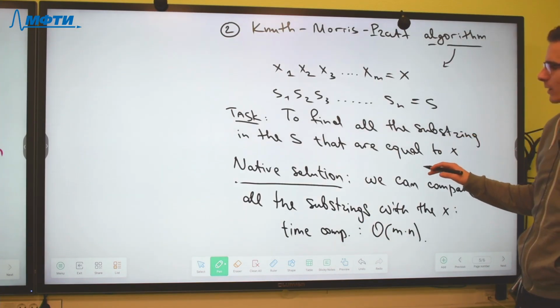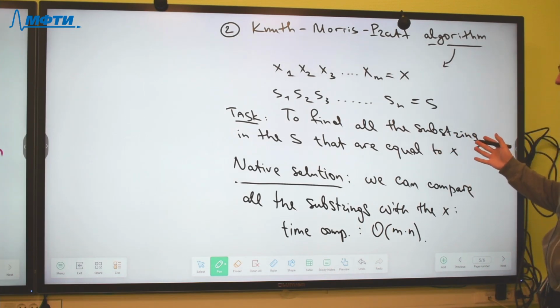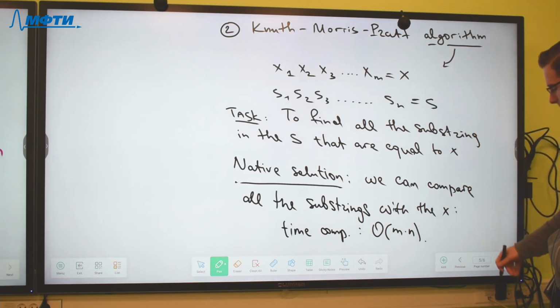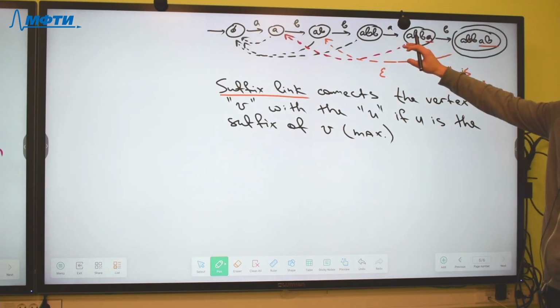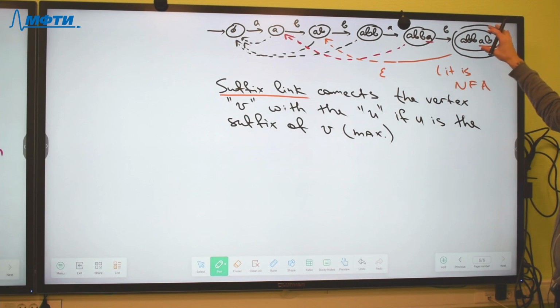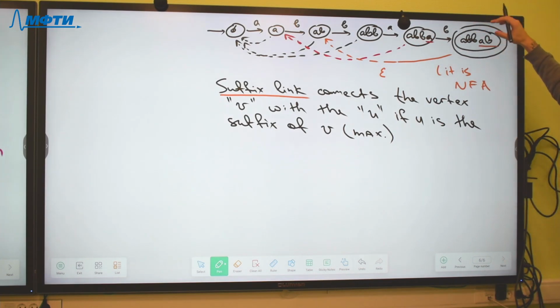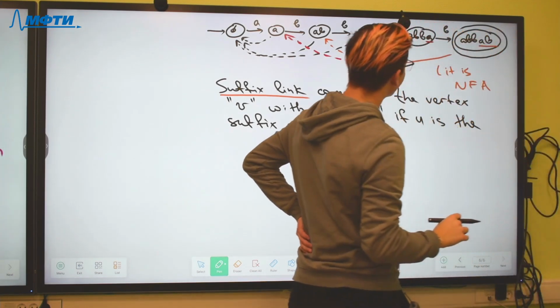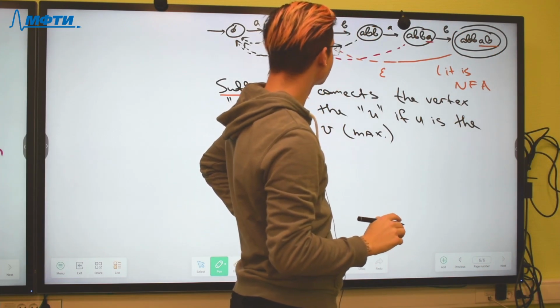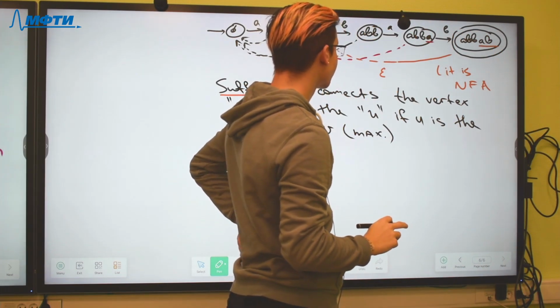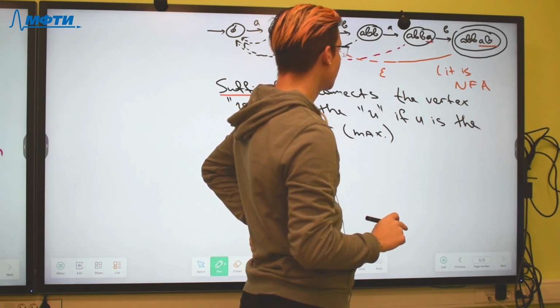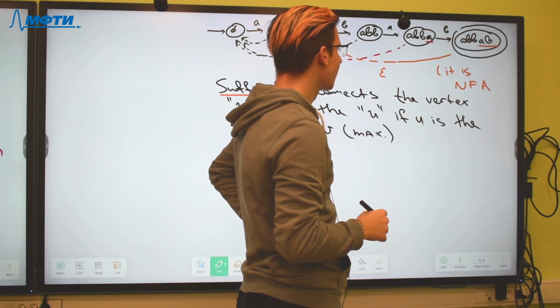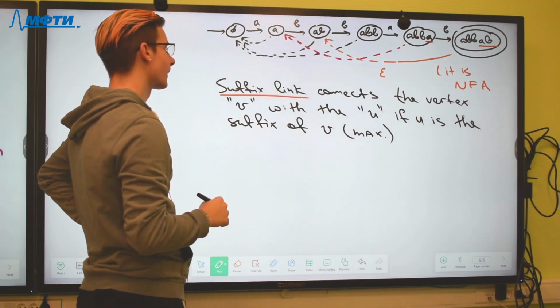For example, if we need to find a substring that is equal to x, then if the first time we go to the last vertex, we say that we find the substring in S that is equal to x, and we return true for the question.